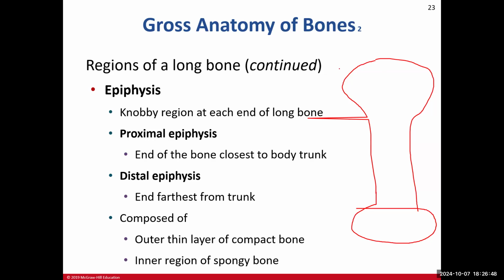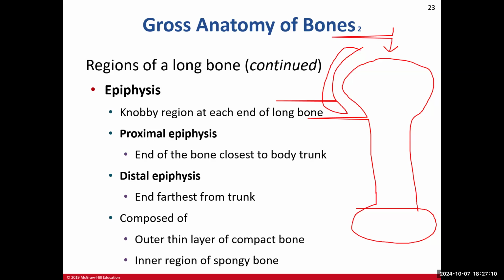So if this was your shoulder joint right here, this knob right up here at the top, that's the proximal epiphysis. That would be your shoulder. And then the other end, down by your elbow, that would be the distal epiphysis.